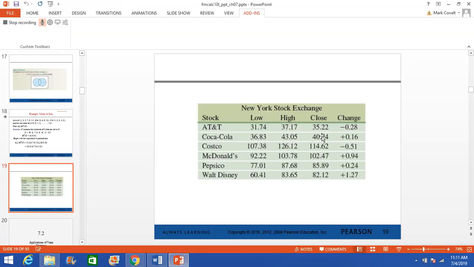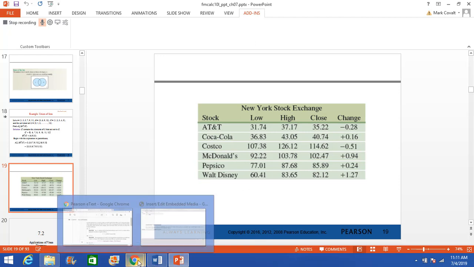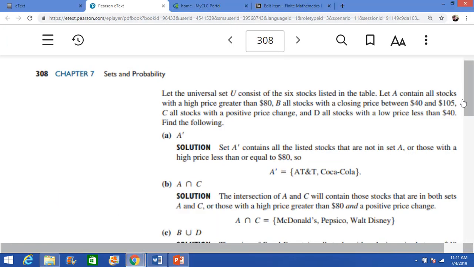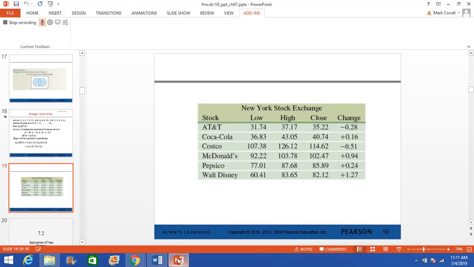We want closing prices between 40 and 105, if I remember correctly. So closing price between 40 and 105.